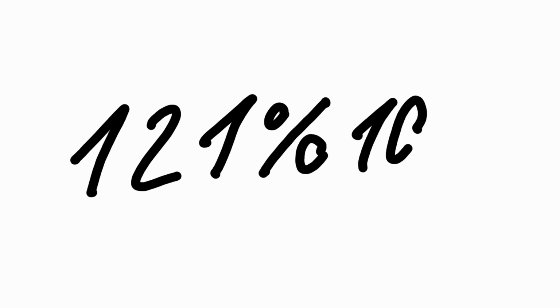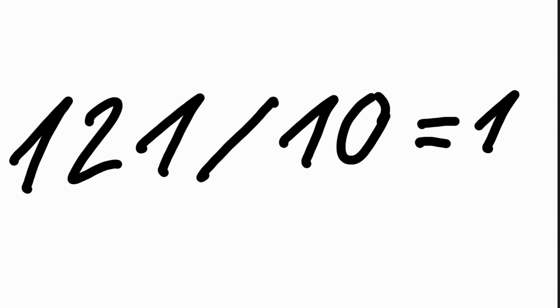So, in order to disassemble the number, you will need to use 2 operations, modulo and division. Modulo operation will return the remainder of the division, and division operation will return a rounded down result of the division. So, 121 mod 10 will be equal 1, and 121 divided by 10 will be equal 12.